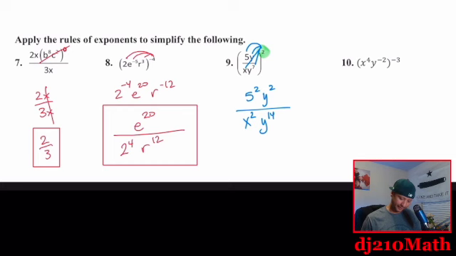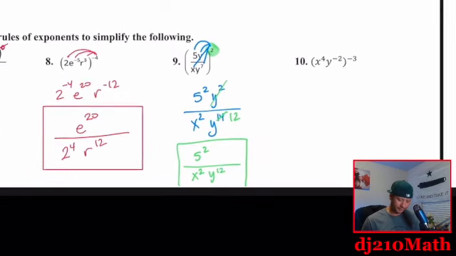Okay, simplifying what I can. Cancel, right, 2 y's on top, 14 y's on the bottom. So that's really 12. So 5 squared, which is 25, over x squared, y 12. Let's just write it. 5 squared over x squared, y 12.